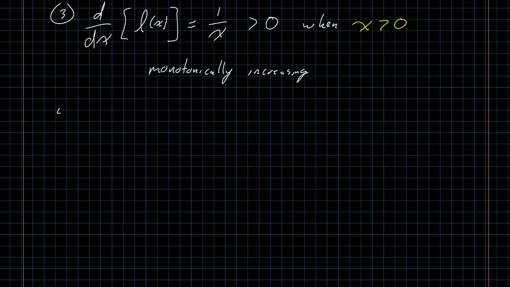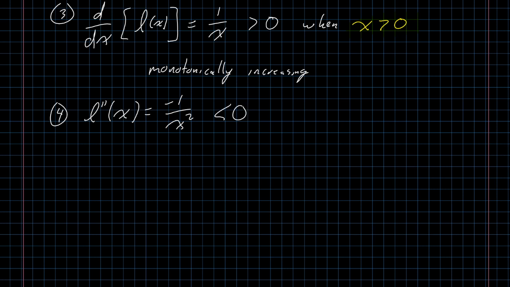One more property I want to look at. If it's monotonically increasing, there are no maxima or minima. But we can also think about the concavity. Well, to think about the concavity, we need the second derivative. If the first derivative is 1 over x, the derivative of 1 over x is negative 1 over x squared.